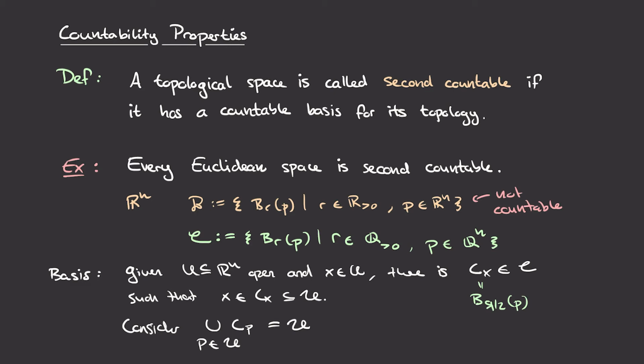Okay, so we've shown that we can write U as a union over these C_p, and each of these C_p lies within C. Hence, we've written U as a union over basis elements of this collection C. This proves the second property we need for a basis, so indeed, this collection C is a basis.